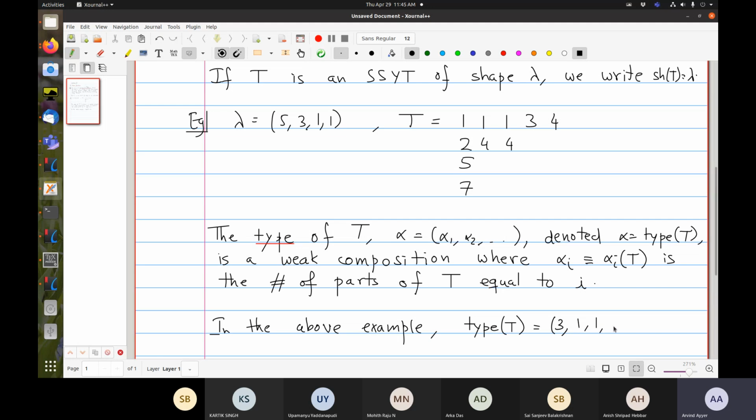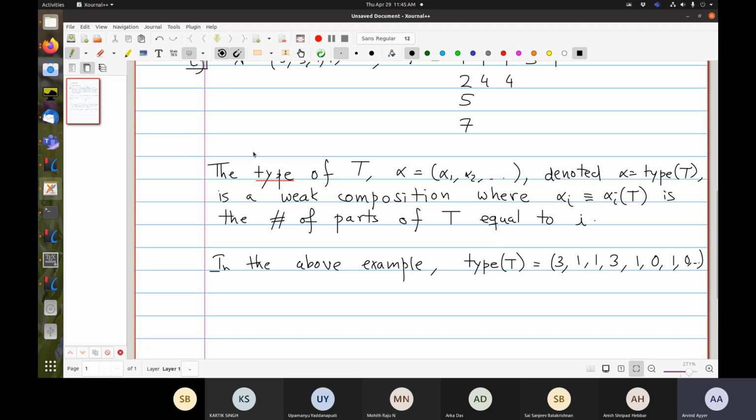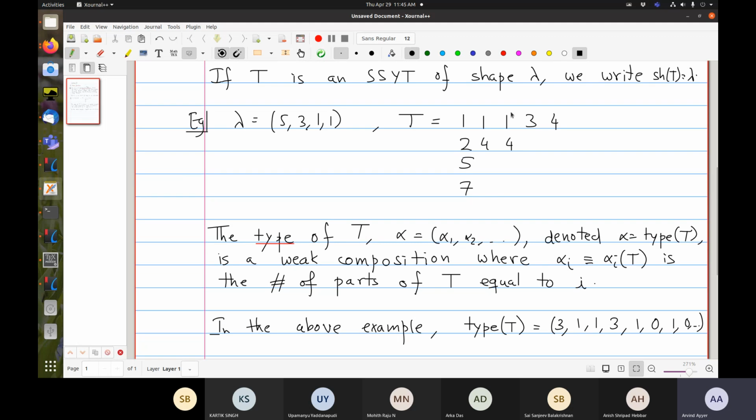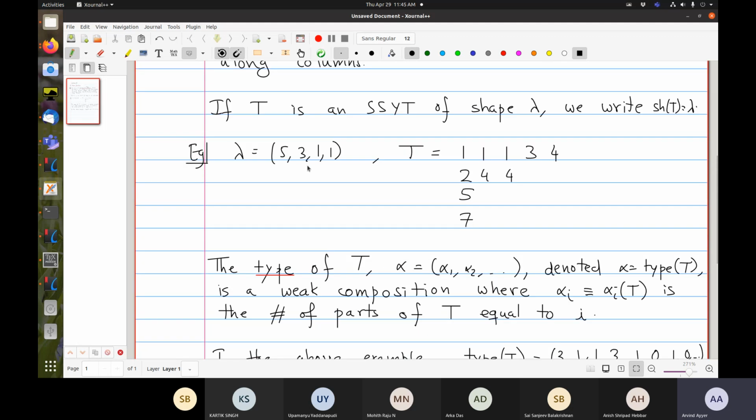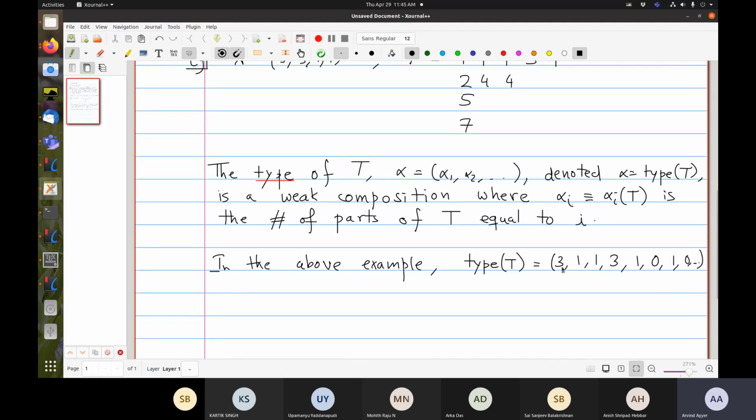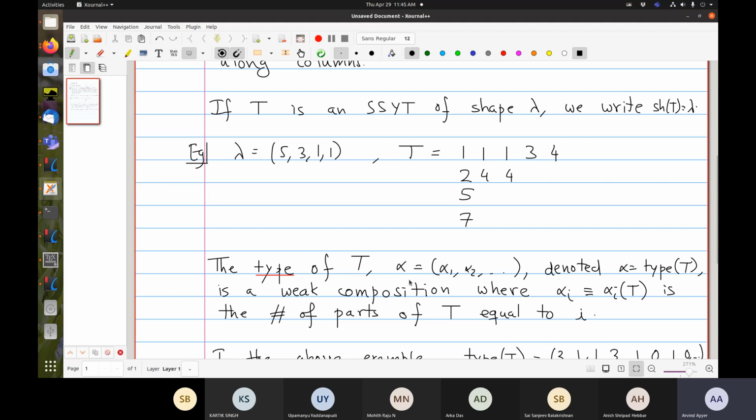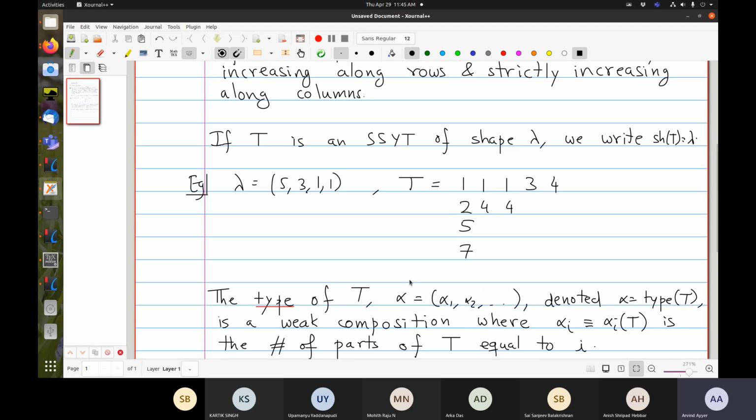How many 3s are there? 1, 3, 3, 4s, 1 5, no 6, 1 7, and then after that you have an infinite sequence of zeros. So this alpha is clearly a weak composition of n, the size of the partition. Right? So in this case, if you sum the entries, you get 10. Okay.